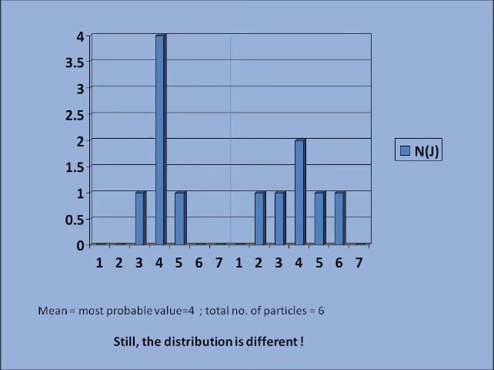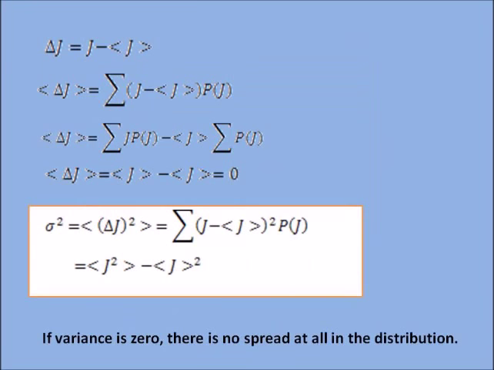So to differentiate, we will calculate some property called variance, but before that we will see what is error or deviation. So delta j is deviation and is given by j minus mean j. So the mean of delta j, that is error or deviation, is given by summation of j minus mean j into pj, that is probability.